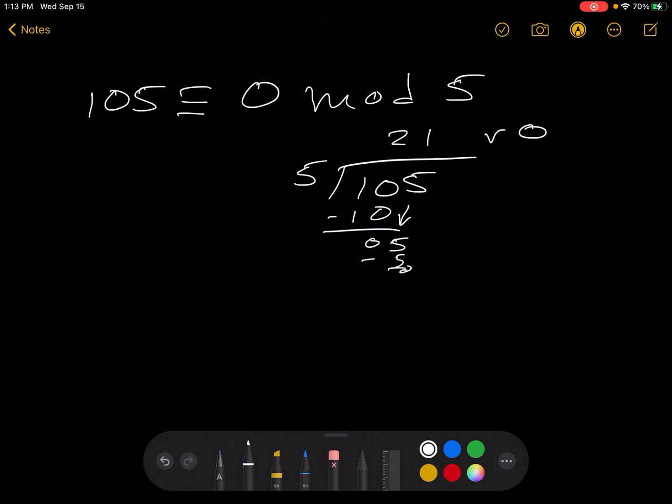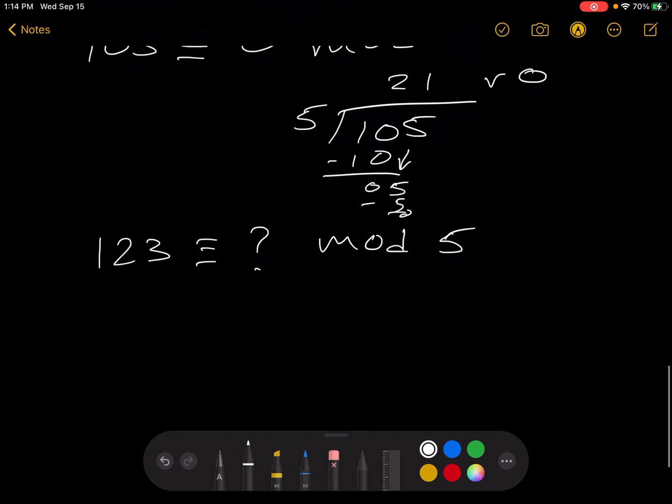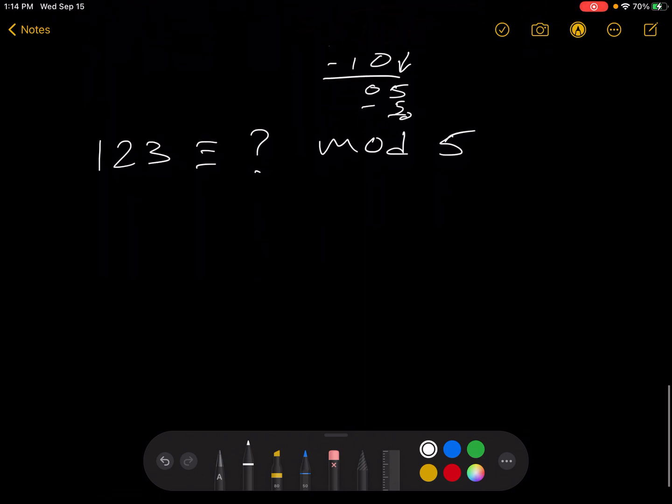Okay, let's do 123 is congruent to what, mod 5? Now you could do this math with 123 divided by 5, but let me show you another way to do it. 123 is 100 plus 20 plus 3.